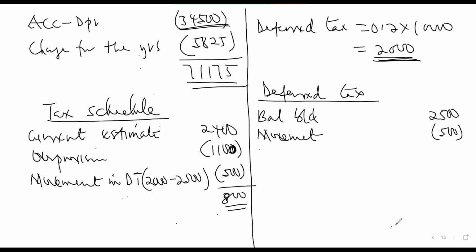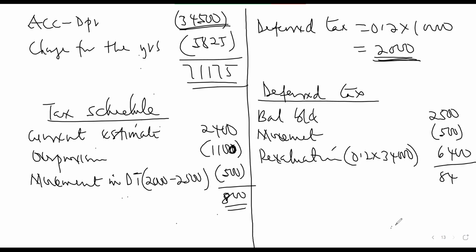The person will now bring revaluation surplus or OCI deferred tax, which was 0.2 times 34,000, that would be 6,400. So our deferred tax will now be 8,400.